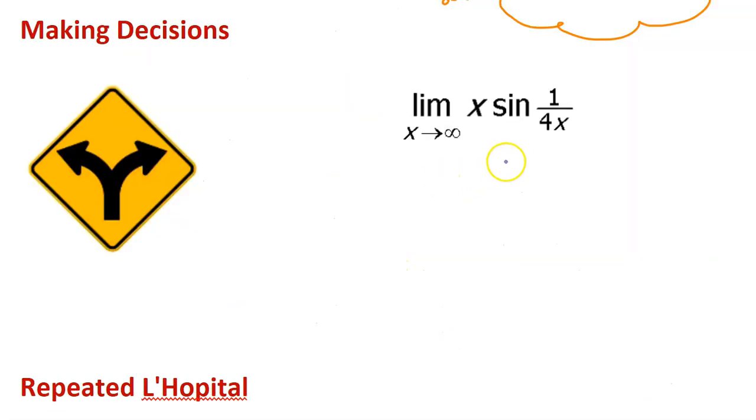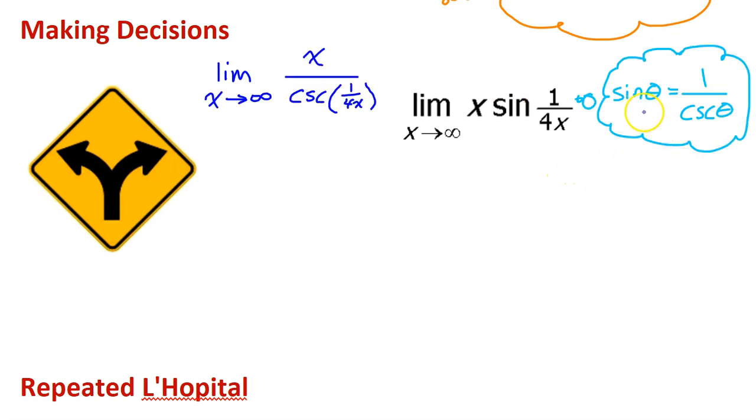I would love to use L'Hopital's rule to solve this problem, but first we need to rewrite this expression as a fraction. Since sine is 1 over cosecant, one way to rewrite this as a fraction is to write it as x over cosecant of 1 over 4x.